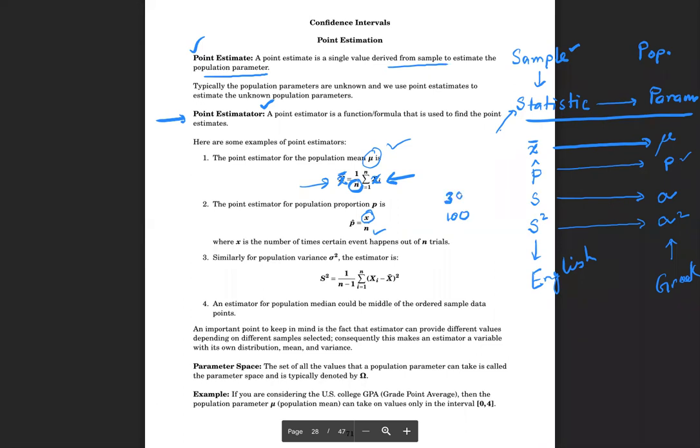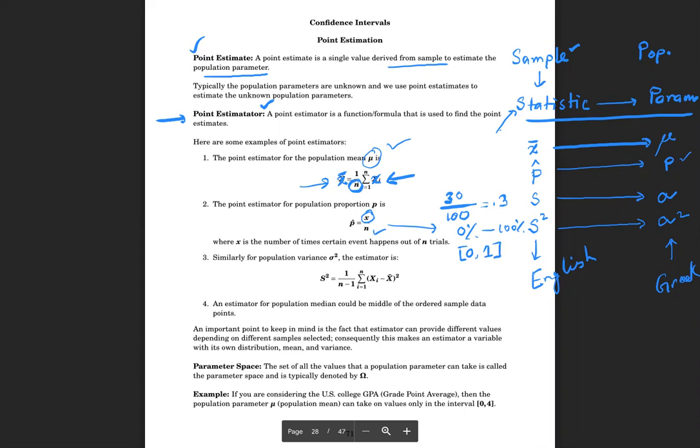So your proportion is going to be 30 over 100 or 0.3. Now remember, this number has to be between 0% and 100%, or equivalently, between 0 and 1.